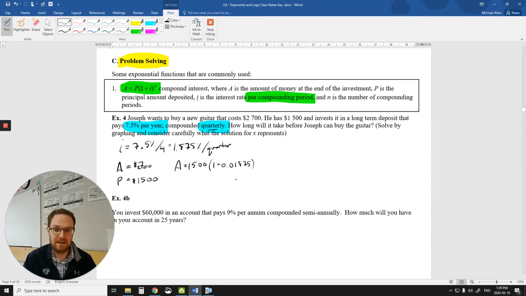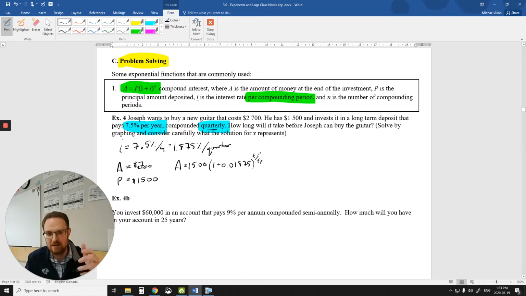Now, another way to solve for this, rather than just putting x here, we could solve for x, or we can do the same thing we did with the half-life formula. We go t over p.